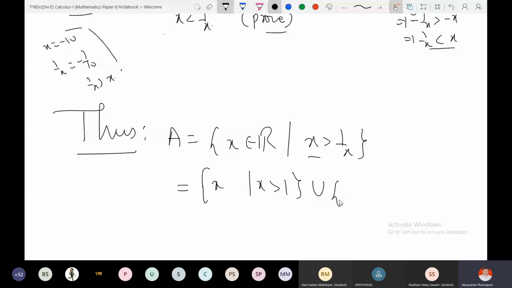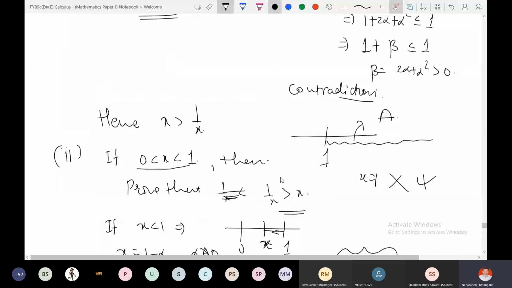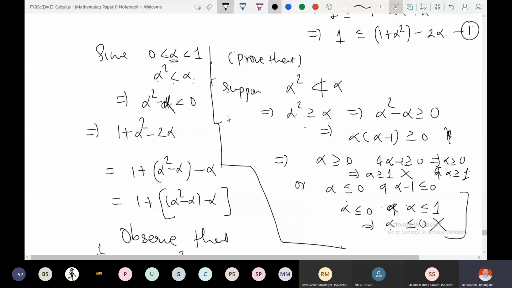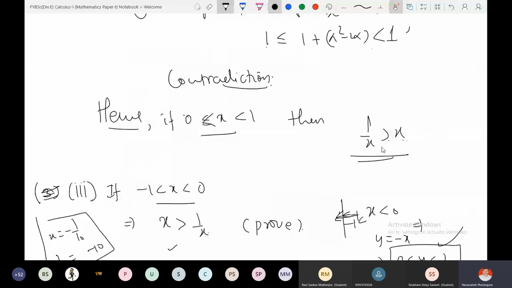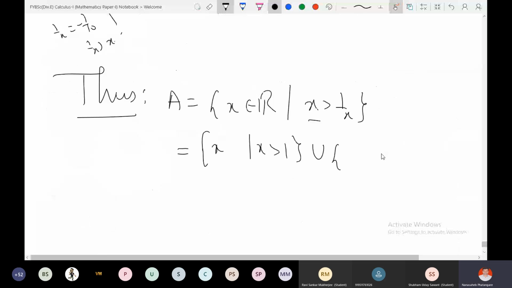Second case. From second case, did you find anything? From second case, if x is between 0 and 1, then for every such x, 1 by x is greater than x, so not x greater than 1 by x. So from second case, we have not found anything.